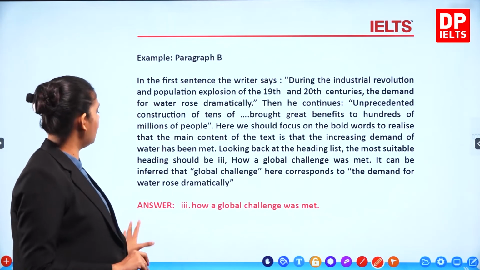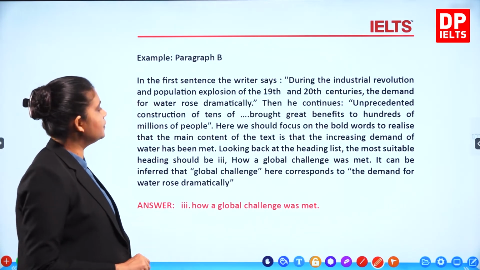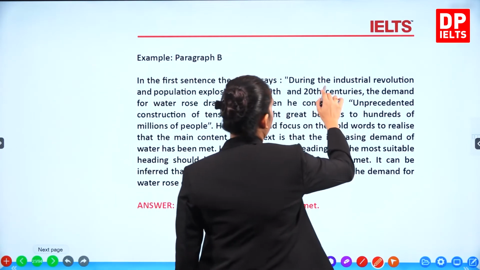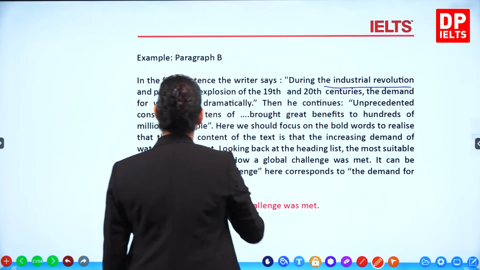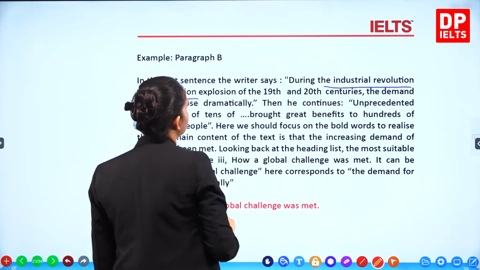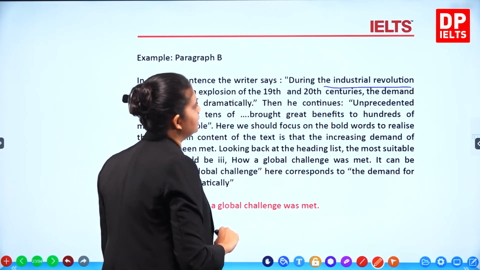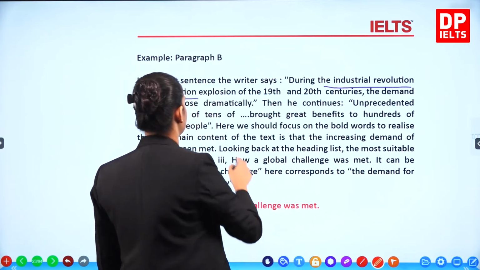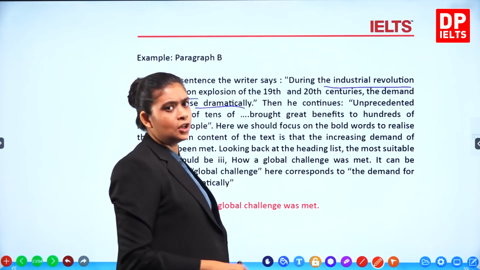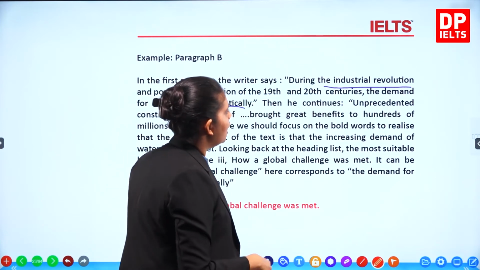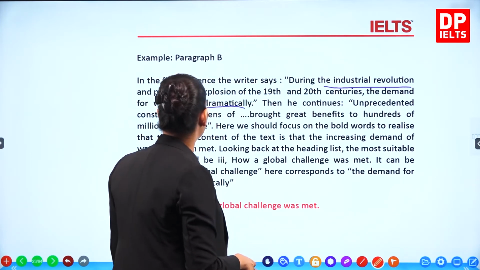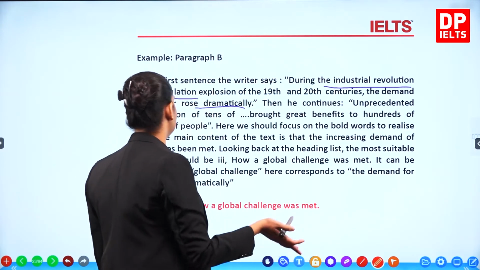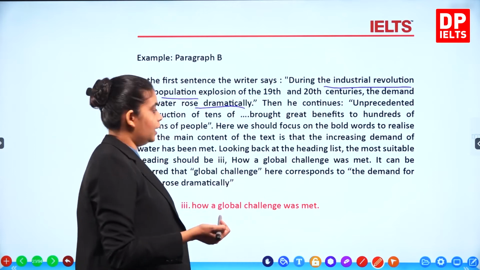Next one, paragraph B. In the first sentence, the writer says, during the Industrial Revolution and population explosion of the 19th and 20th centuries, the demand for water rose dramatically, right? So then the writer talks about unprecedented construction of tens of dams that brought great benefits to hundreds of millions of people, right? So you could read through it.